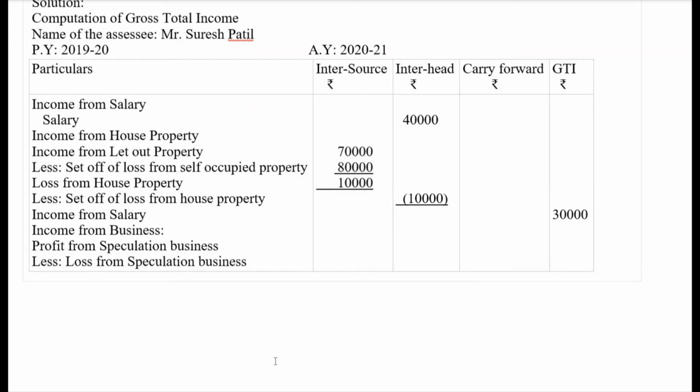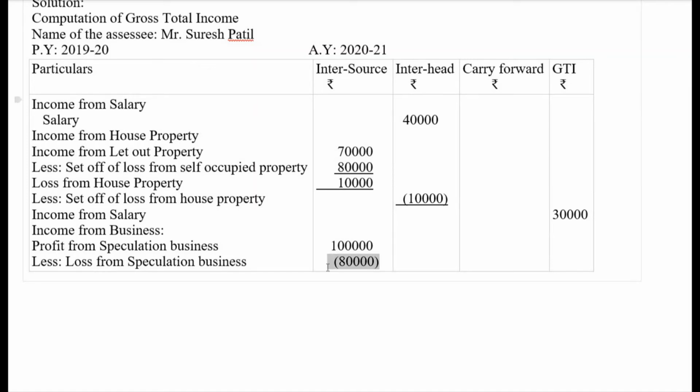So let's take the profit from speculation business, which is given in the problem as rupees 1 lakh, less, let me put this in brackets, 80,000.